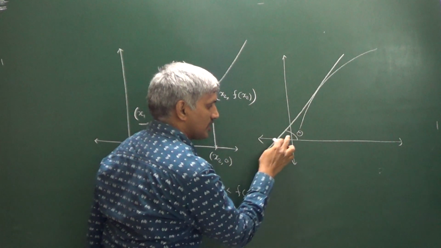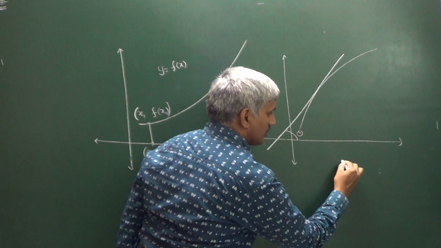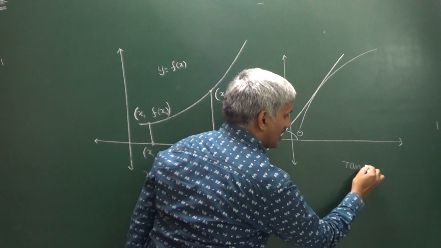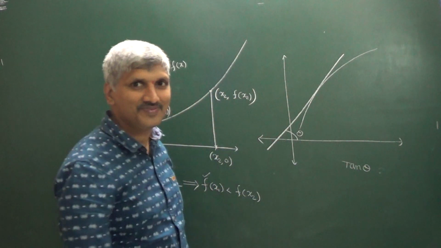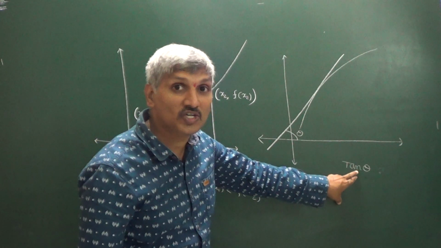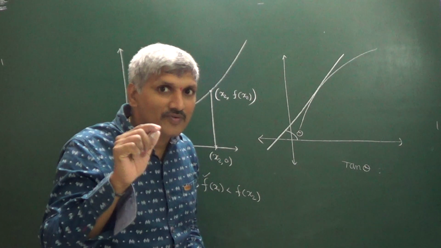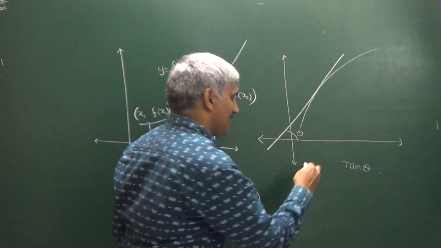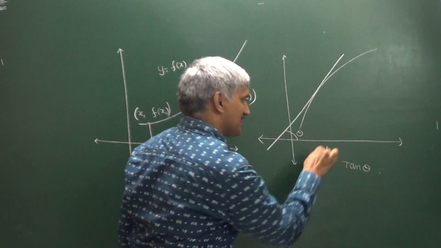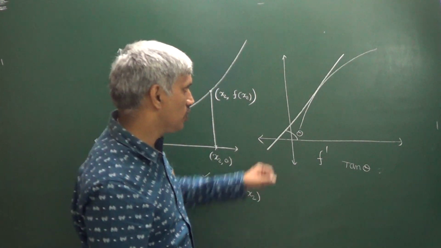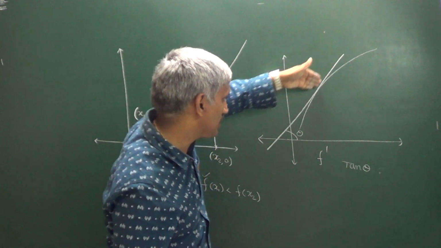If theta is the inclination of this line, then tan theta is the slope. But as we discussed, slope with the help of differentiation is nothing but f dash, right? So at a point a tangent is drawn.